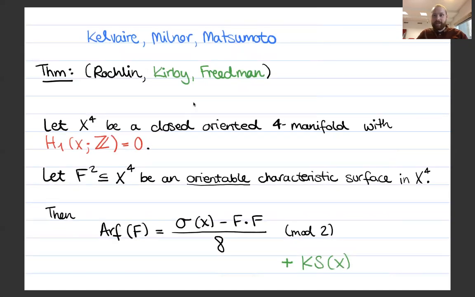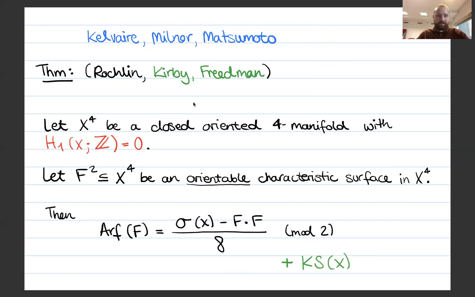So here is what I'm calling Rocklin's theorem, although it has a long history in the version that I have written here, with other names being Kervaire and Milnor having written a paper on this in a special case. Matsumoto wrote a very nice paper giving a different flavored proof of this.